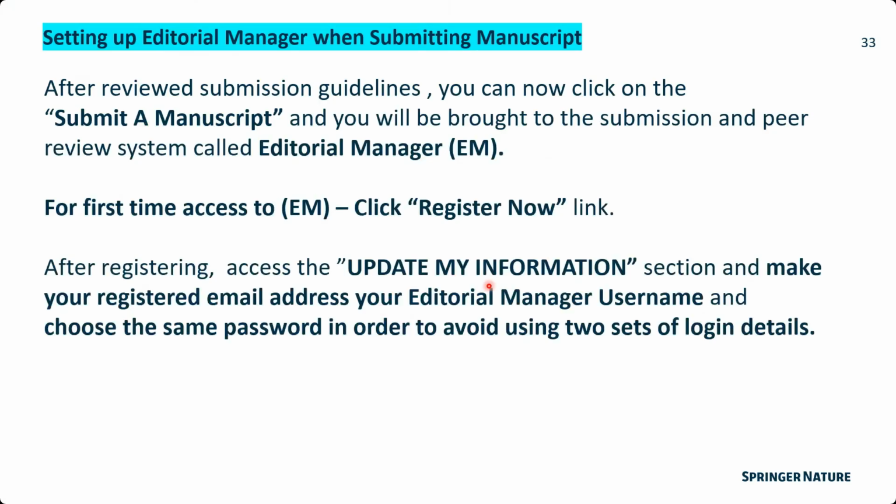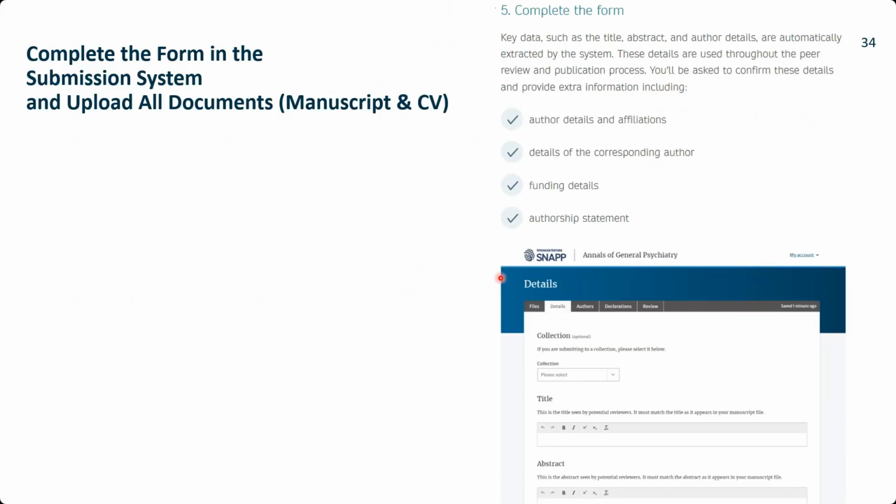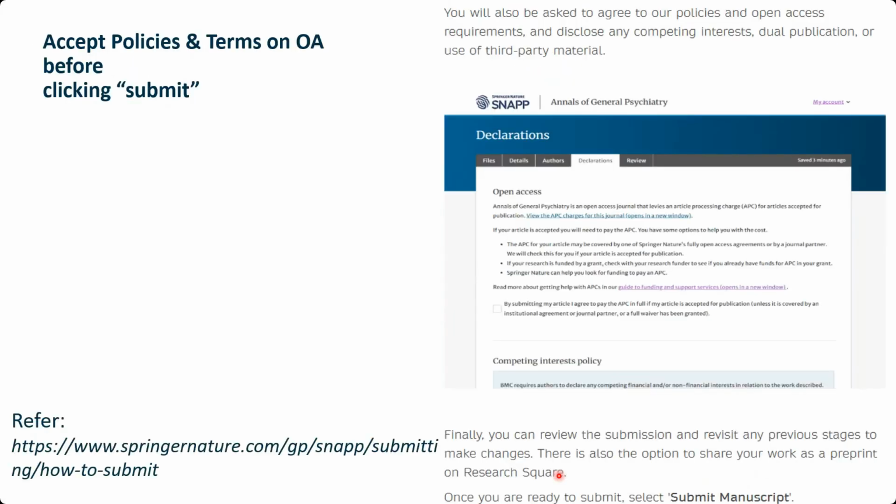Once you create an account, check your email, as Springer Nature has sent you user registration details. After that, you will see a platform like this, a Snap platform that will allow you to upload all your details, the title, the abstract, the manuscript file, and you need to accept all the policies and terms before you submit.